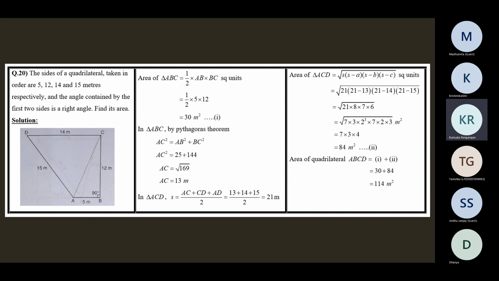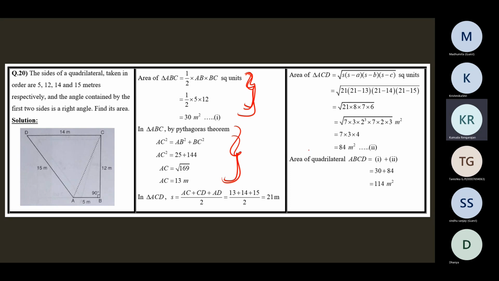So you should now identify which part was difficult for you. If this part and this part were difficult, you should concentrate on this. Anybody who finds it difficult must make use of this opportunity, this question and this answer, to understand this clearly. We shouldn't keep repeating the mistakes.